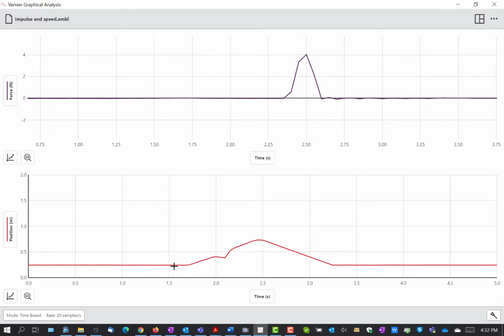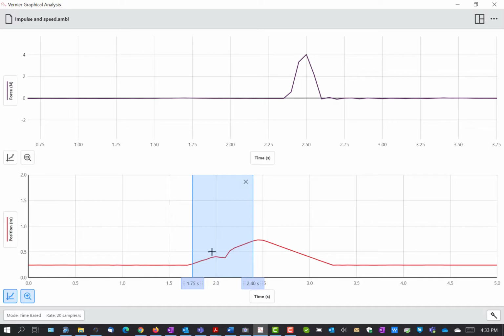This graph, depending on where the motion sensor was, started at 2.43, then moved forwards and backwards. So I think one thing that might be interesting on this, if we find the slope of a position time graph, we get velocity. So why don't we do that? Let's find out what the slope of this line is.